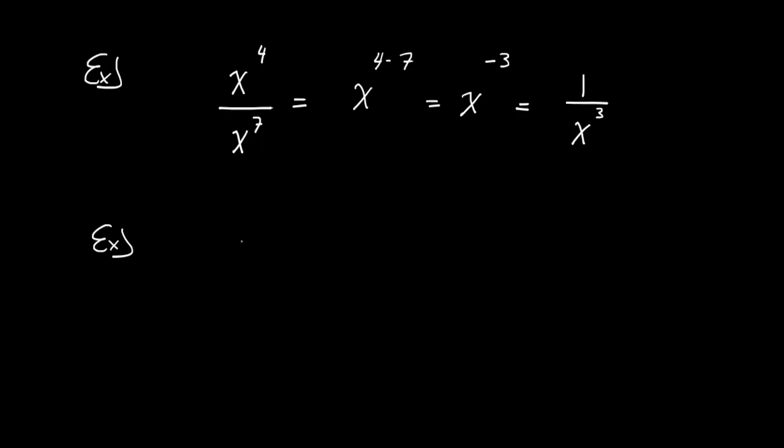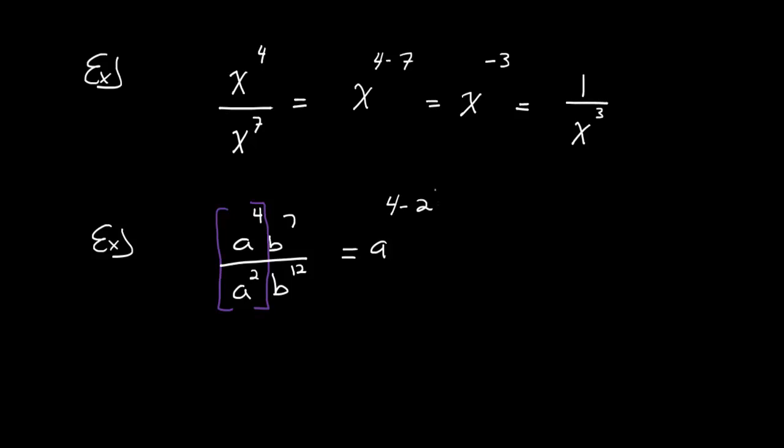Let us say we have a to the 4th power, b to the 7th power, all over a to the 2nd power, b to the 12th power. So working through this, we recognize that we have to evaluate these a's first. So I'm going to evaluate my a's first. I like to write out my steps to make sure I don't make any mistakes.